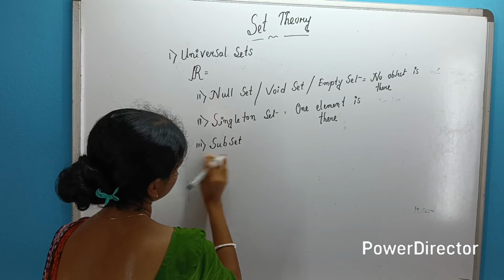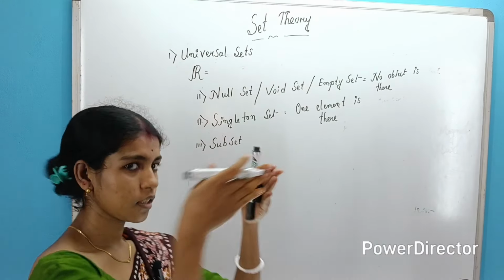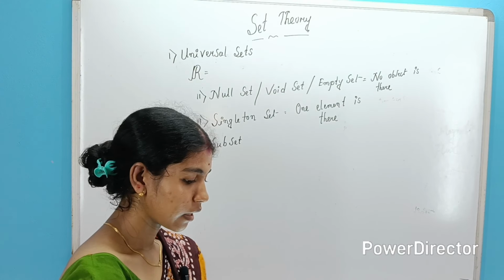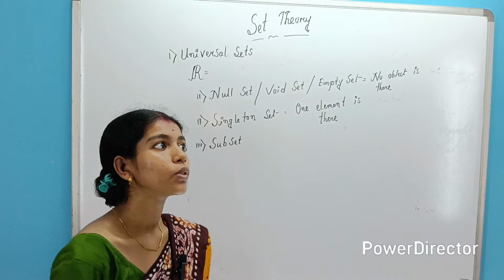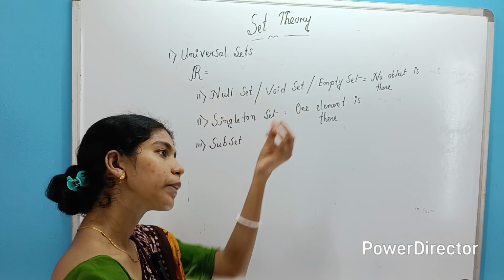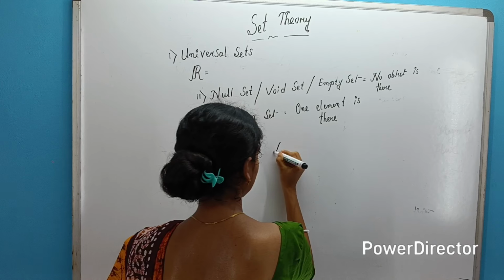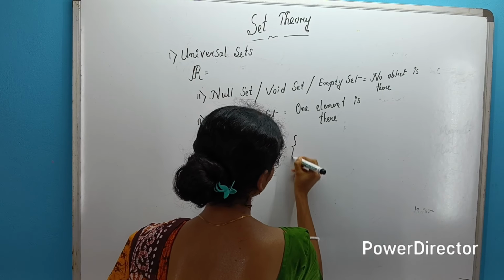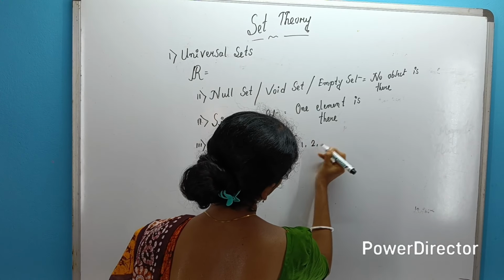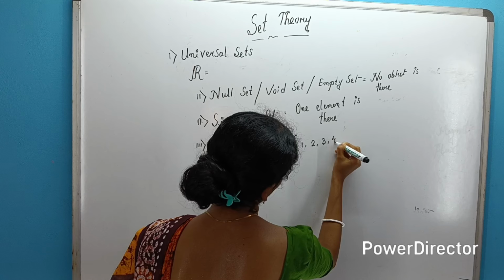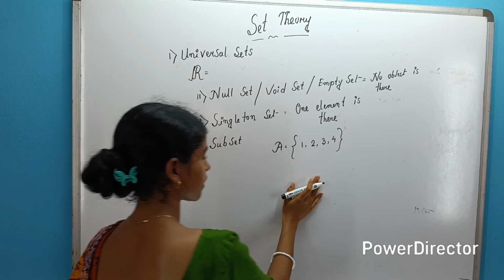So what is a subset? If we consider any set, from that set we can also make smaller sets. Like we have A equal to {1, 2, 3, 4}. This is the set.